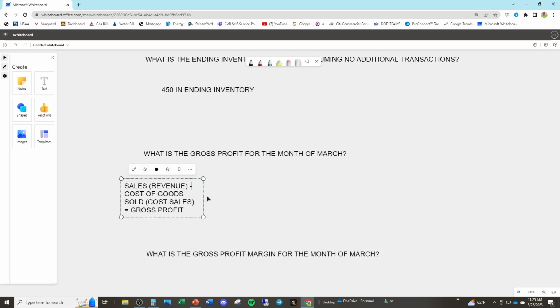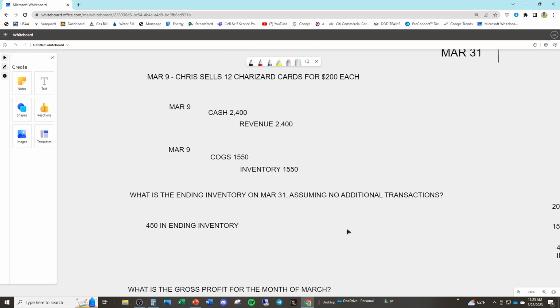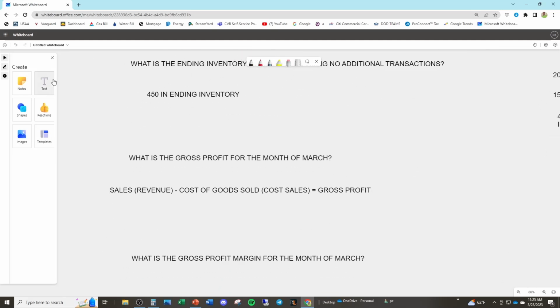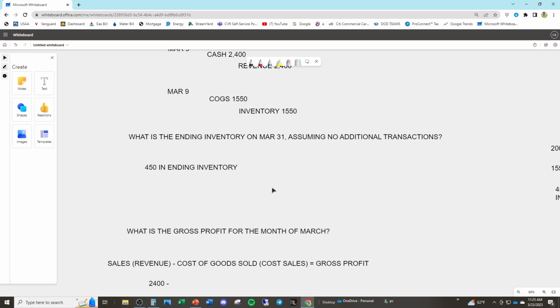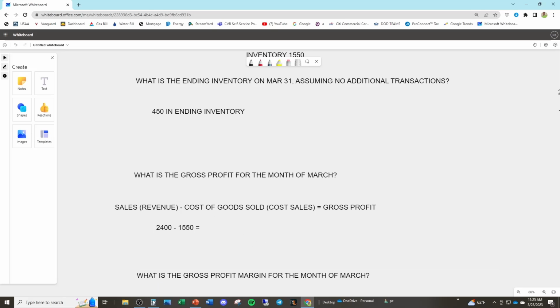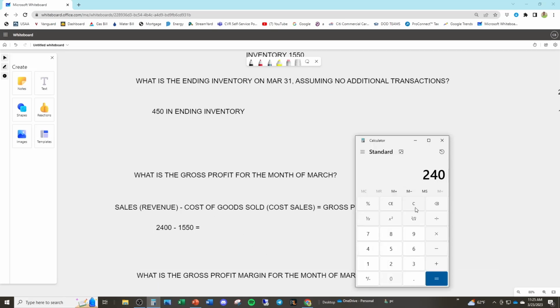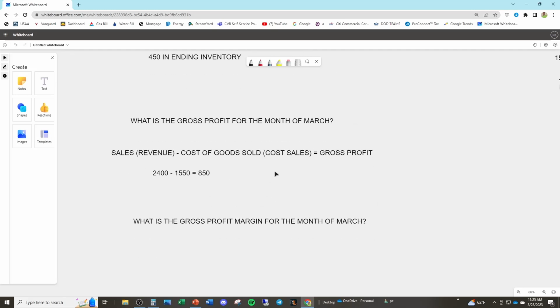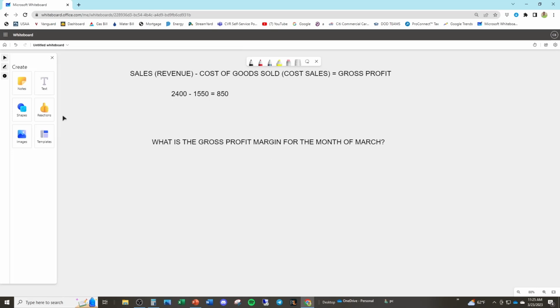So we're going to take our revenue, which was $2,400, and we're going to subtract our cost of sales, which was what? $1,550. And that gives us our gross profit of $2,400 minus $1,550, $850 of gross profit.